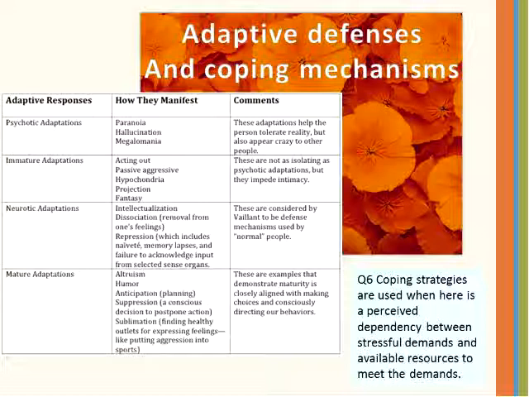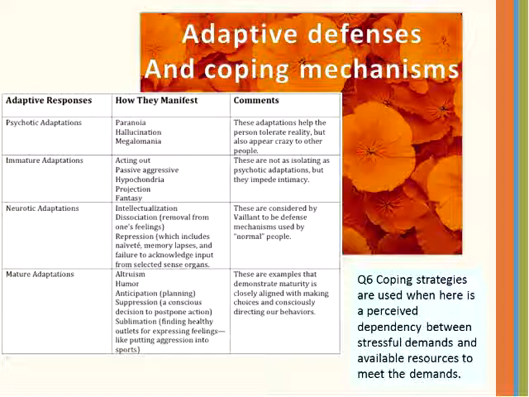So question 6 is: coping strategies are used when, oh, sorry, typo, when we perceive dependency between a stressful demand and the availabilities of a resource to meet the demand. So I will reword that question in the test bank.